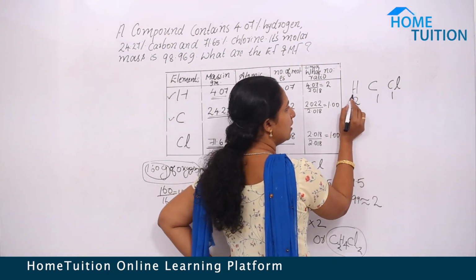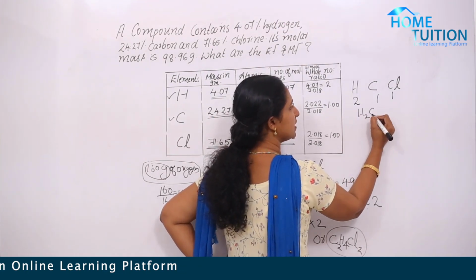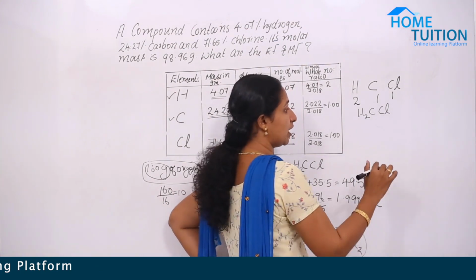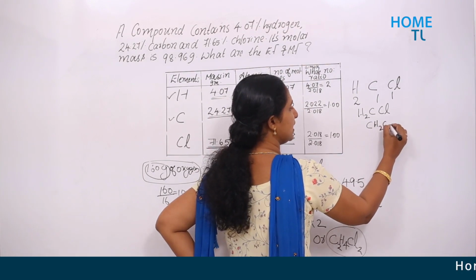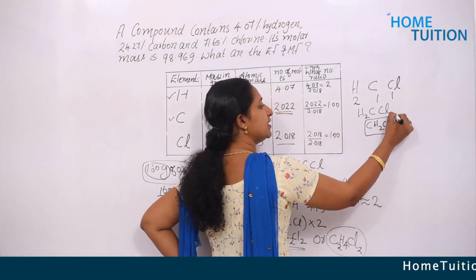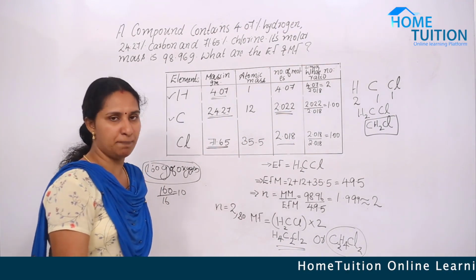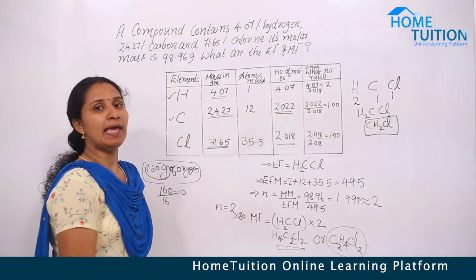So multiply the symbols with these ratios, H2CCl. Based on electronegativity we write it like this. This is actually the empirical formula of that particular compound. The simplest whole number ratio, that's the empirical formula.